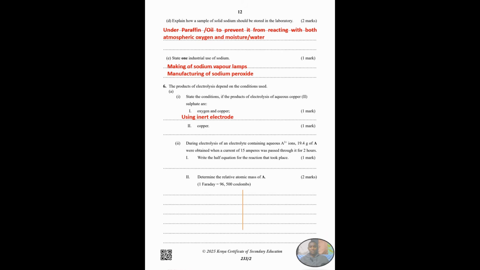So the condition that is followed in that case is the use of inert electrodes. When you use an inert electrode, for instance graphite, you notice that at the anode, instead of discharging copper, we end up obtaining oxygen, and at the cathode we obtain copper.